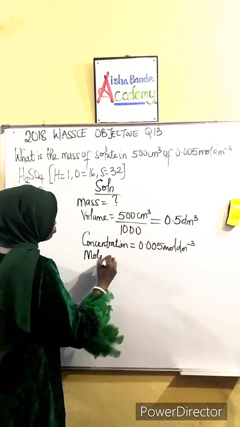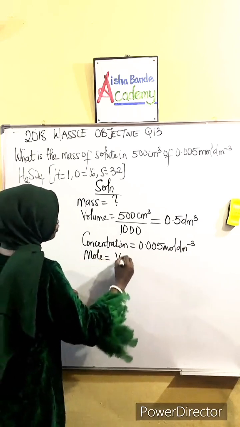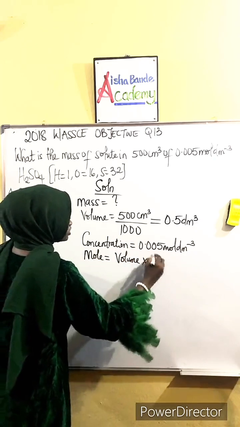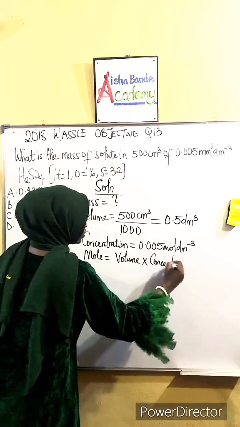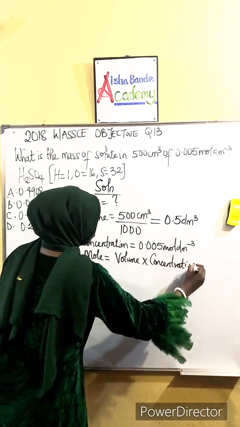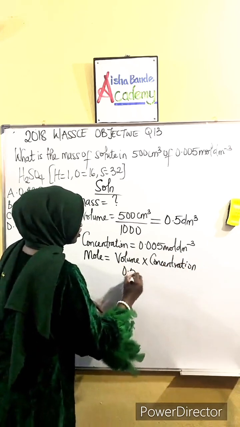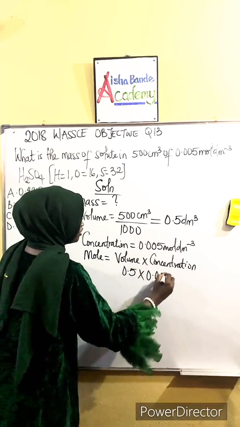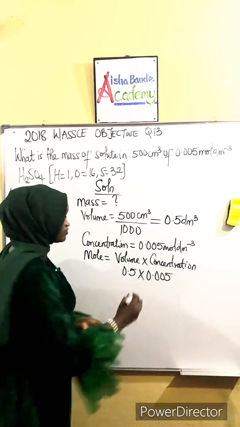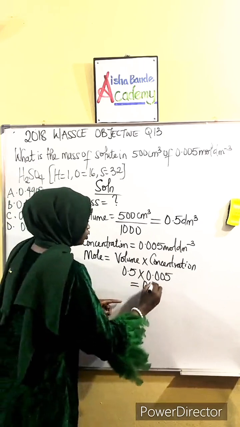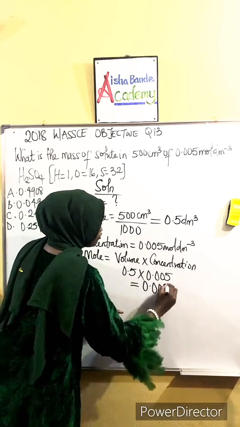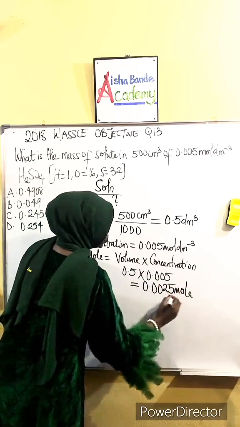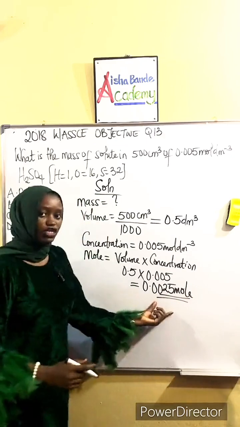So for us to get the mole first, mole is going to be volume times concentration. So we have our volume to be 0.5 times the concentration, which is 0.05. So multiplying these two values gives us 0.025 mole.